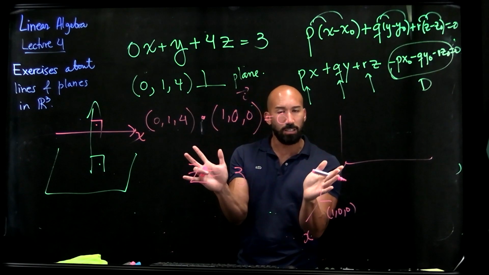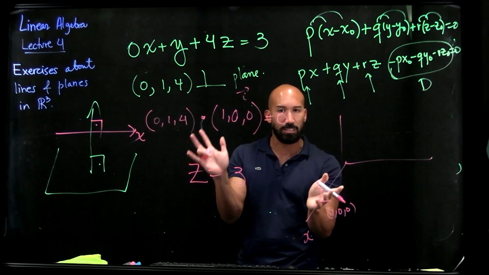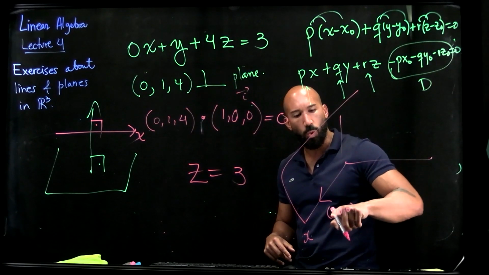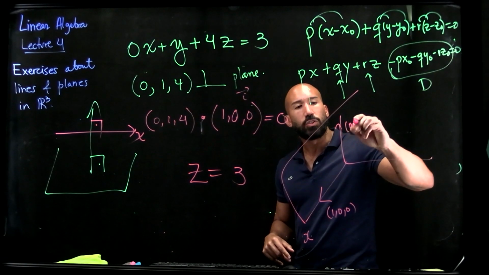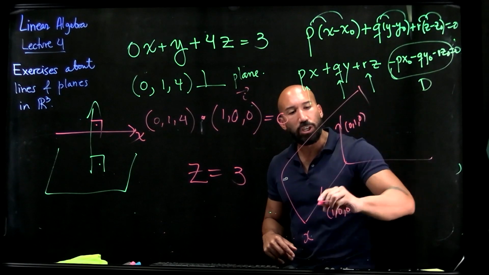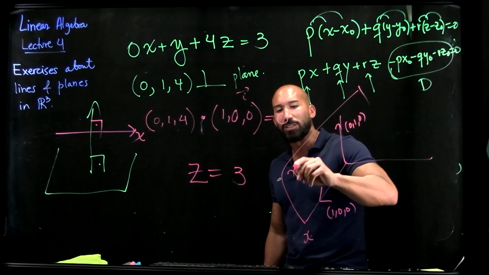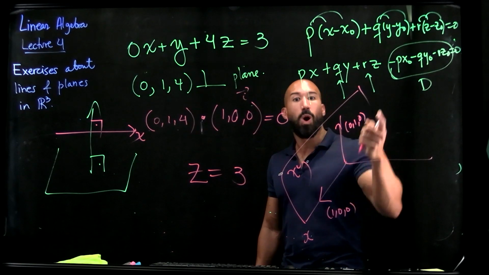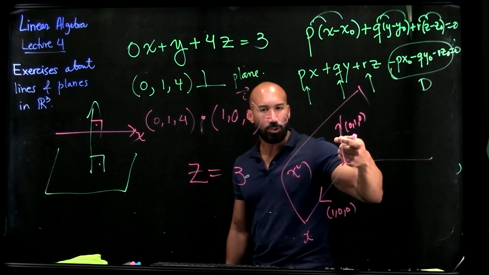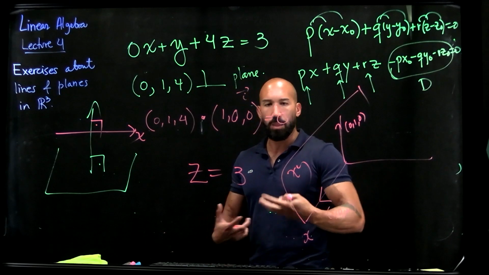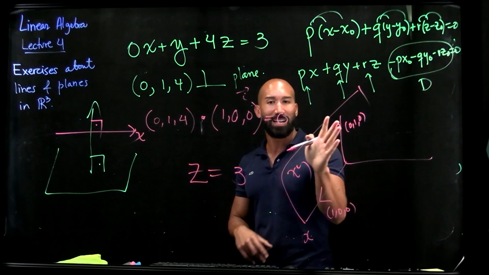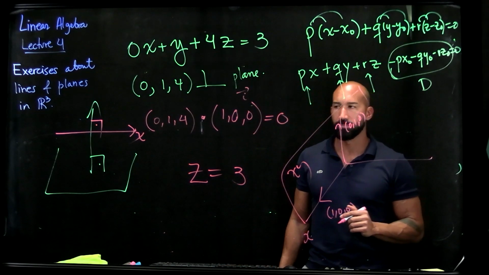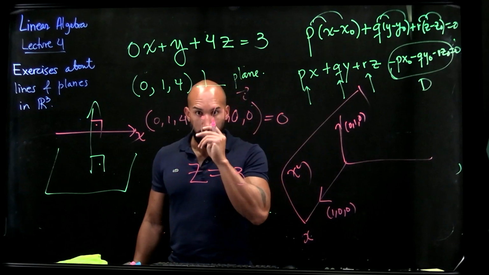But if I look at the x-axis and the y-axis together, these two vectors, 1, 0, 0 and 0, 1, 0, are generating the coordinate plane xy. And if my plane is parallel to x and parallel to y, it's not only parallel to these two axes independently, it's also going to be parallel to the coordinate plane xy. Is that okay? You see?